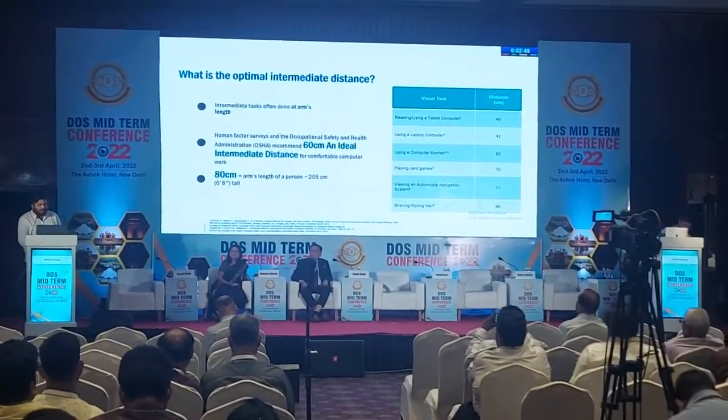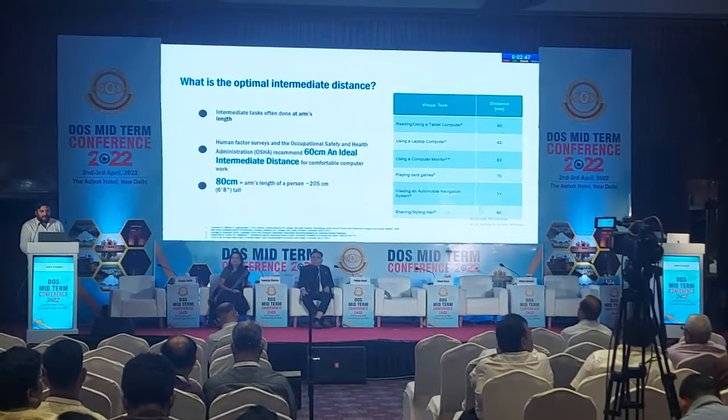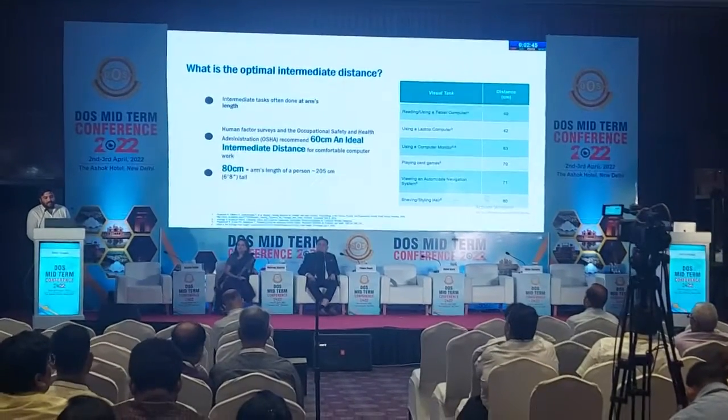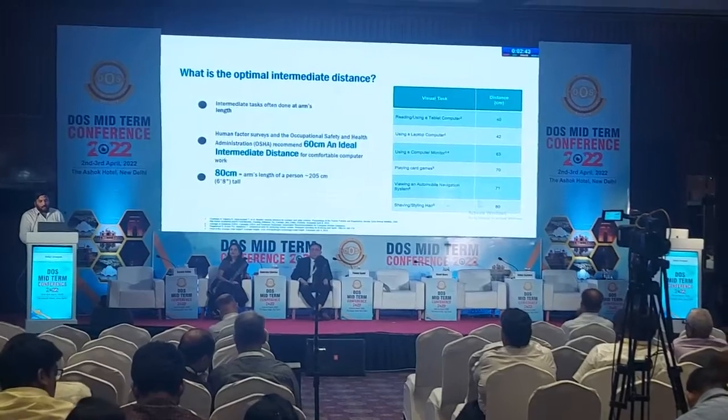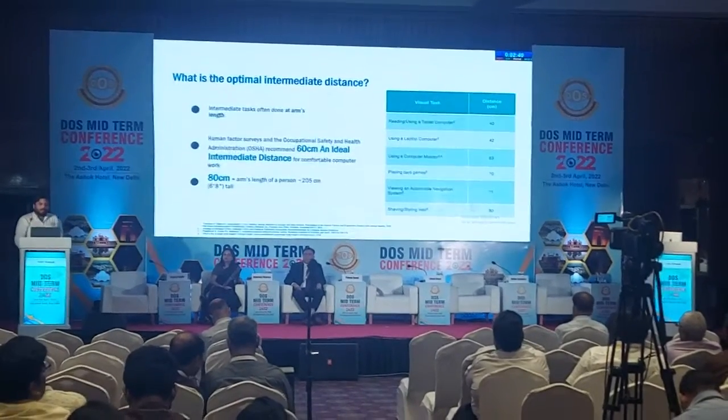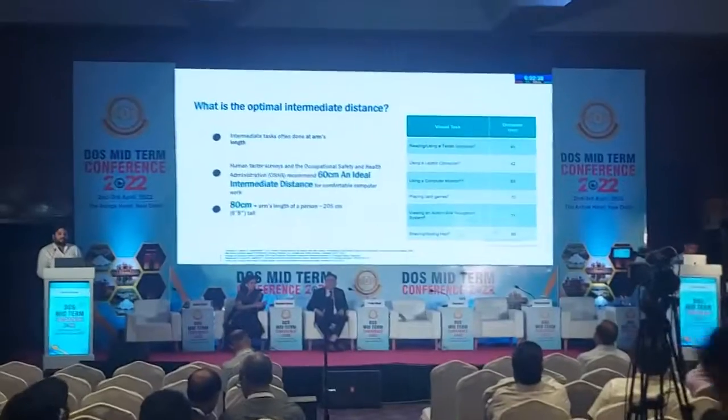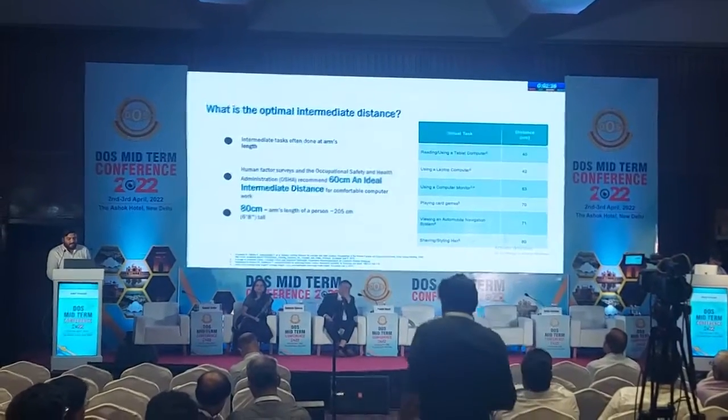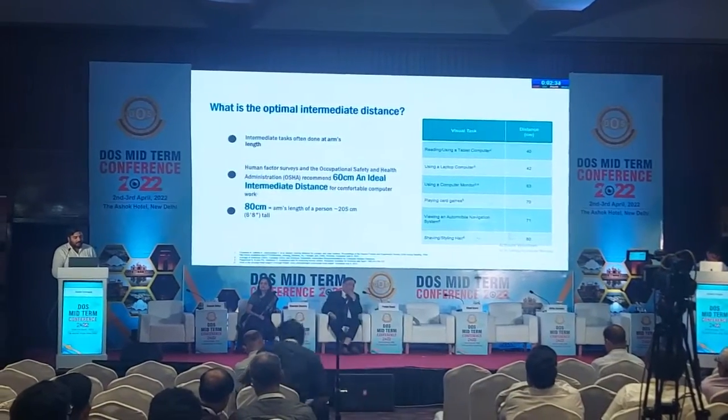So what would be the ideal intermediate distance? For reading a tablet it is around 40 centimeters, and for using a computer monitor around 63. So the ideal intermediate distance is anywhere between 60 to 65 centimeters. That is where the majority of intermediate work happens.